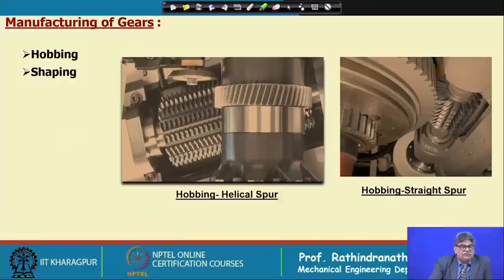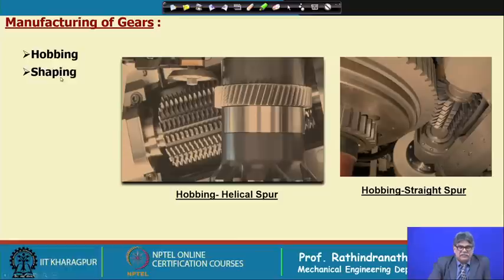If we think of the shaping and hobbing process, these are called the generation of teeth. It is not exactly milling, it is generating the teeth by a cutting process. Here the hob rotates as well as the blank also rotates, and then the hob gradually comes down and goes up while it is cutting this material.